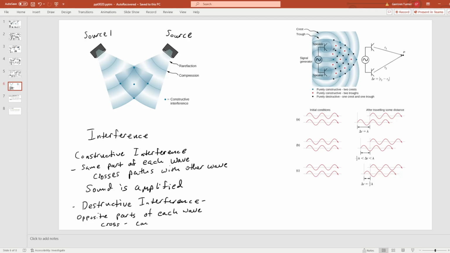And here you get cancellation. Okay? When they destructively interfere exactly, then you get pure cancellation. Okay? But so this is where your sound is either the lowest or it disappears completely.